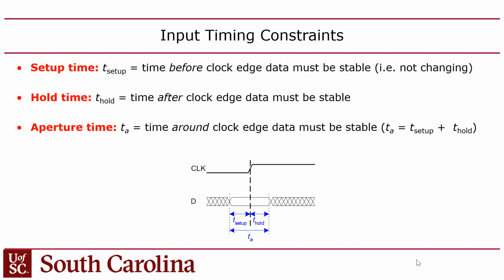You guys with me? What happens if you violate that? What happens if you change the D input on a flip-flop between the setup time before the clock edge and the hold time after the clock edge? This is called the aperture time, by the way. The aperture time is the setup plus the hold time. What happens if you change the D input during that time?